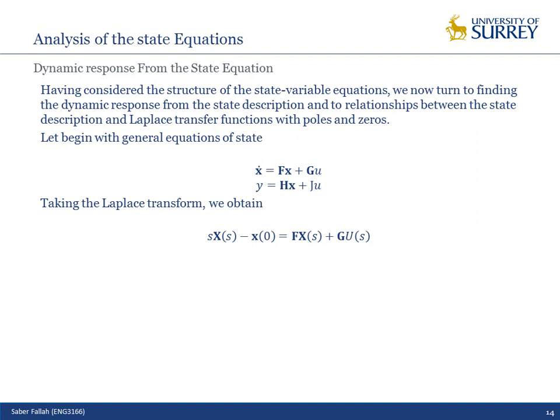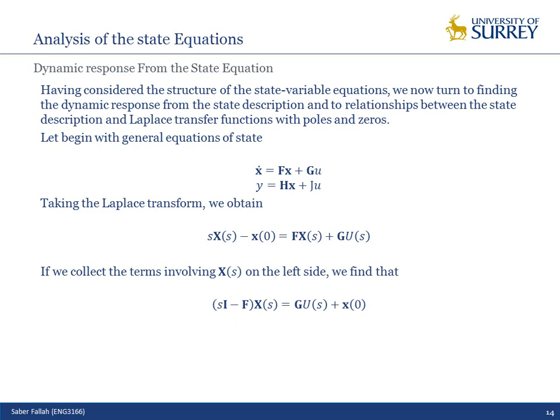Correct? If I bring X(s) to the left side and keep U(s) on the right side and factor out X(s), I will have (sI minus F)X(s) equal to GU(s) plus x0. What's I here? The identity matrix.